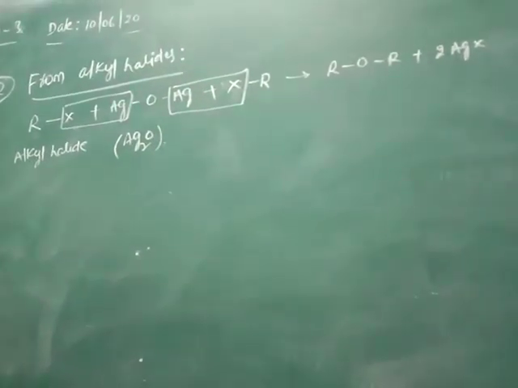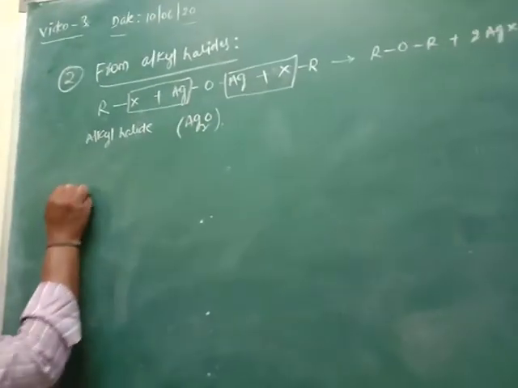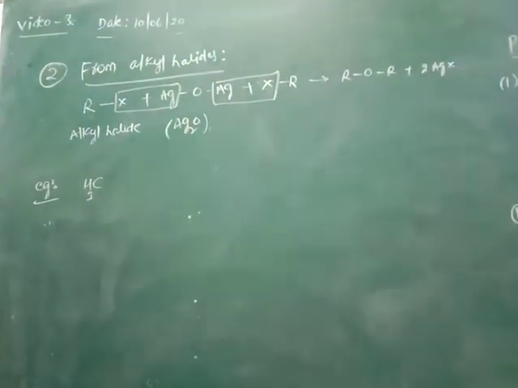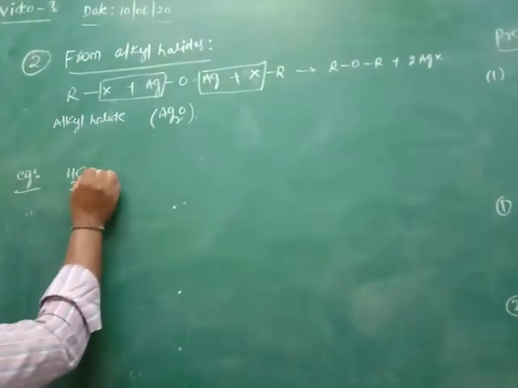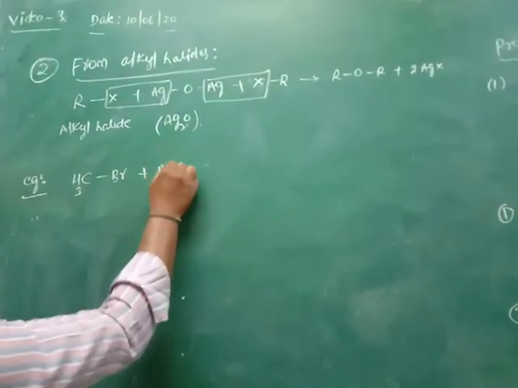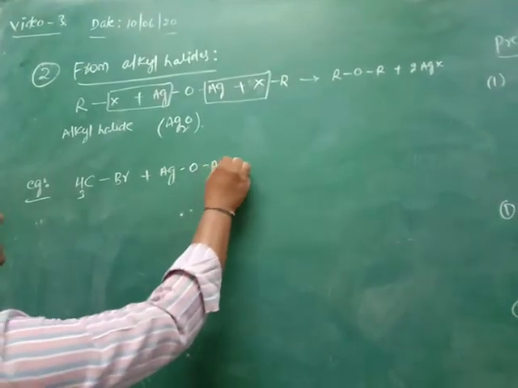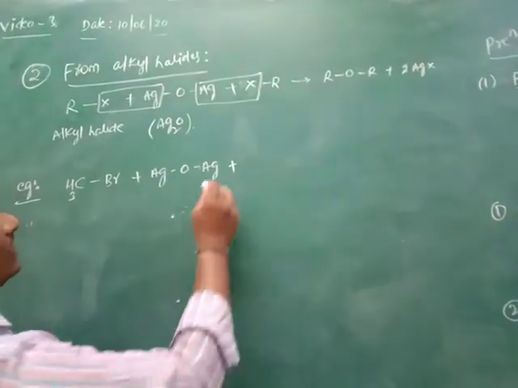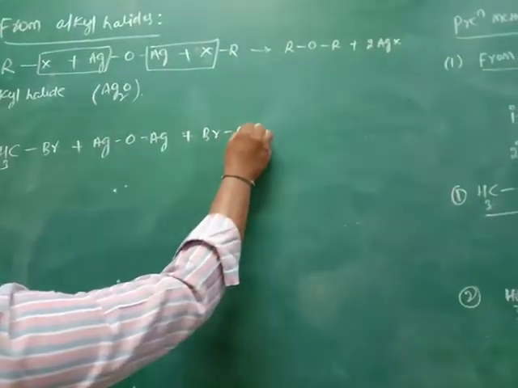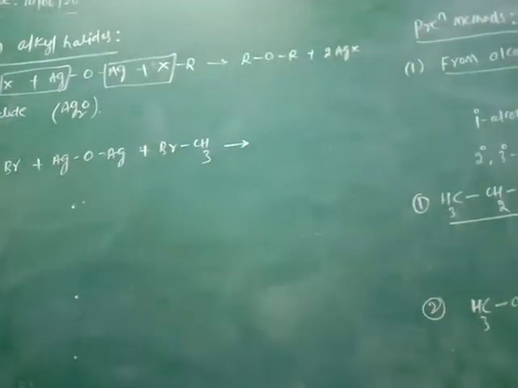It is explained with one suitable example. For example, in the place of alkyl, if we take methyl, methyl bromide plus Ag2O.